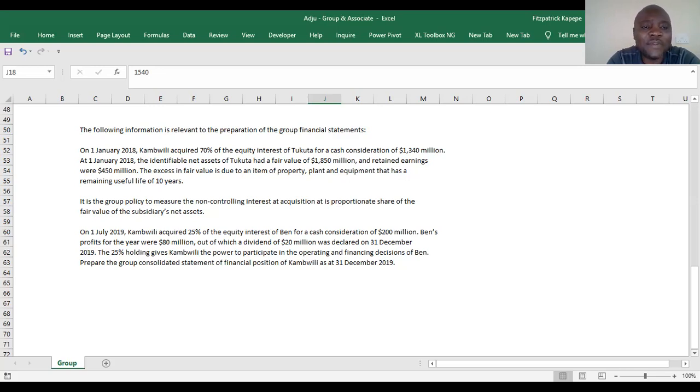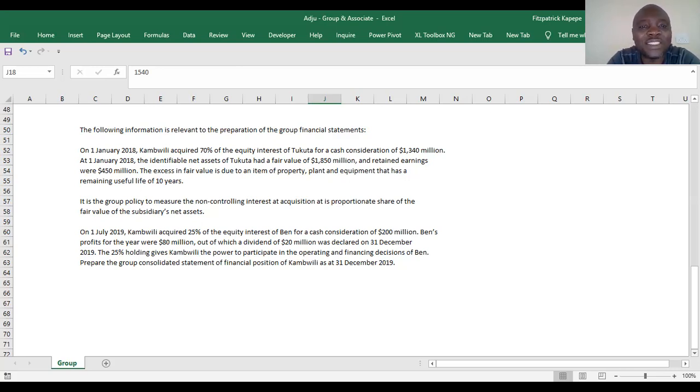The excess in value is due to an item of property, plant, and equipment that has a remaining useful life of 10 years. Okay. So the moment we're told this is property, plant, and equipment, if it was land, then we would not be obliged to compute depreciation, isn't it? We would not.